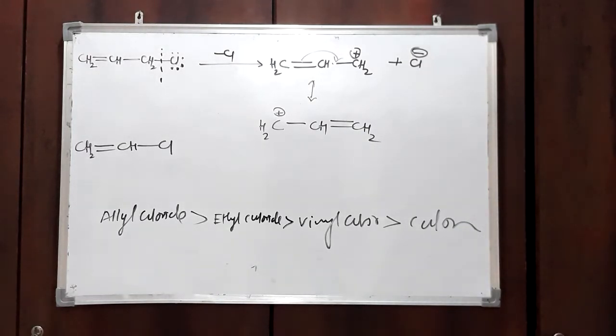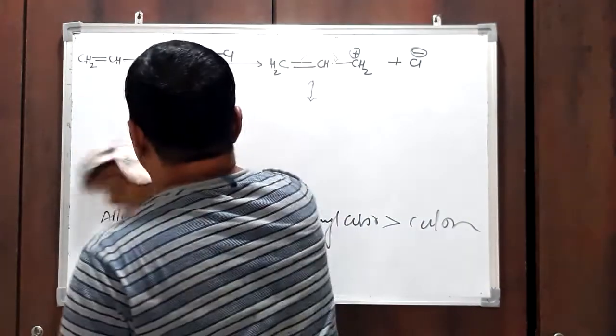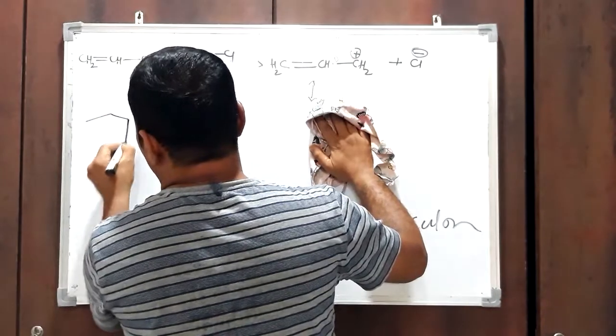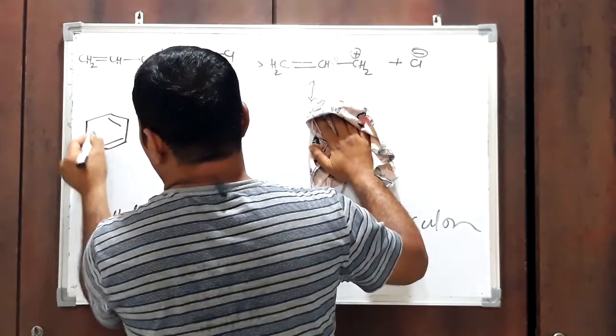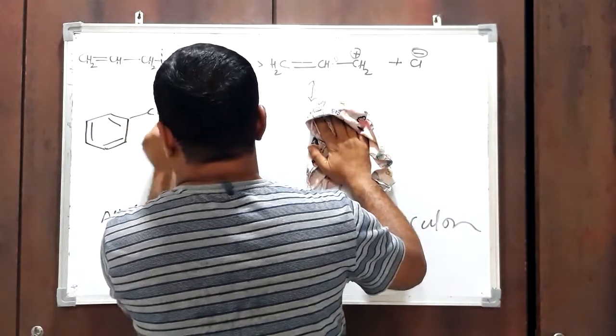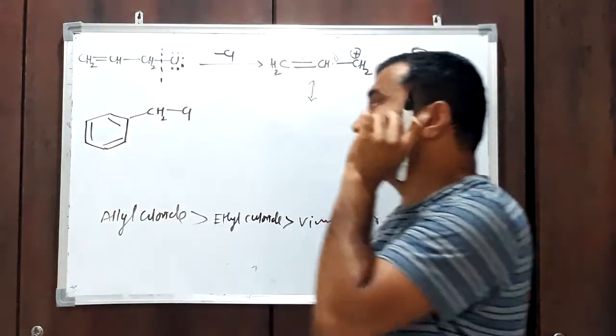Now last is benzyl chloride. In the case of benzyl chloride, the chlorine atom is attached to the side chain. See the similarity.